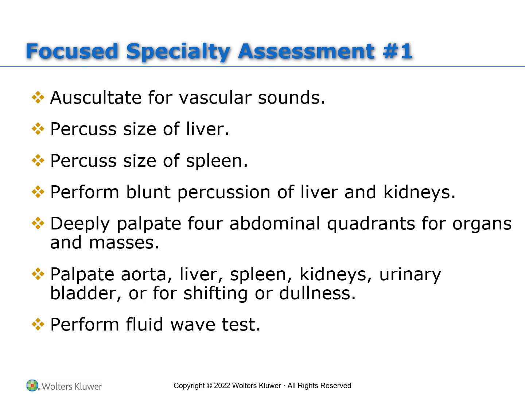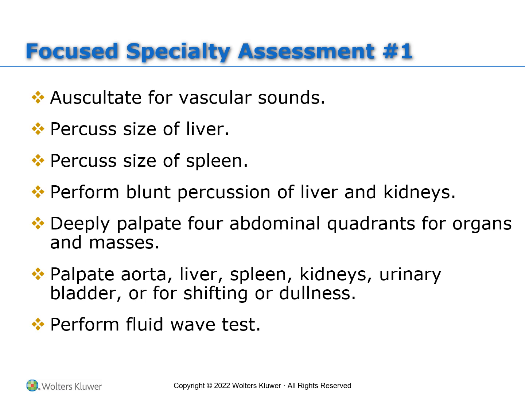One thing about the spleen is if you are trying to percuss it, a lot of times it can be obscured if there's air in the stomach or in the bowel. So sometimes that may interfere with your ability to percuss it well. So a second method for detecting spleen enlargement is to percuss at the last left interspace at the anterior axillary line while the client takes a deep breath.